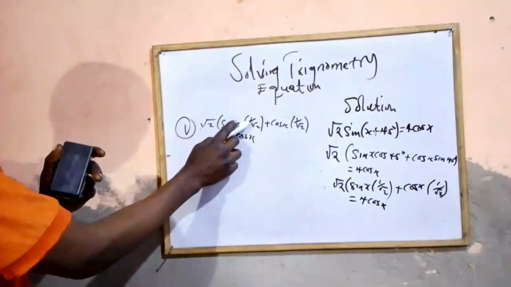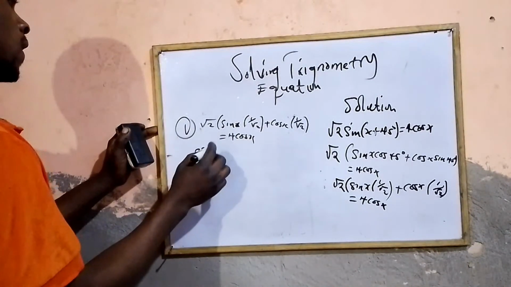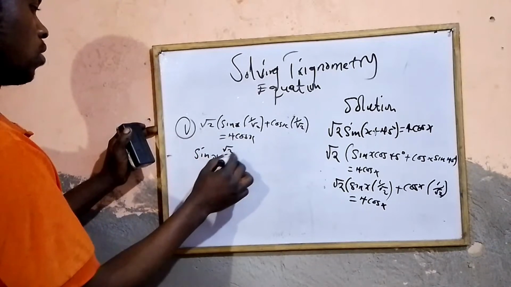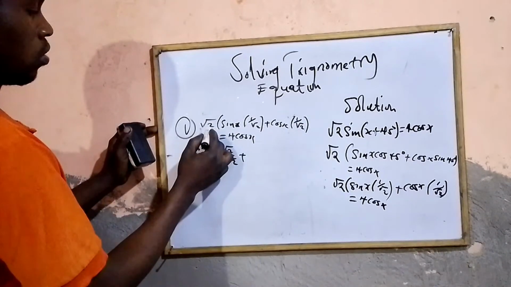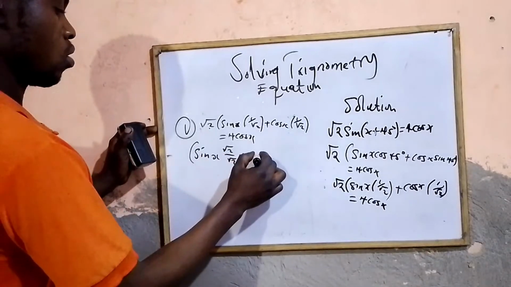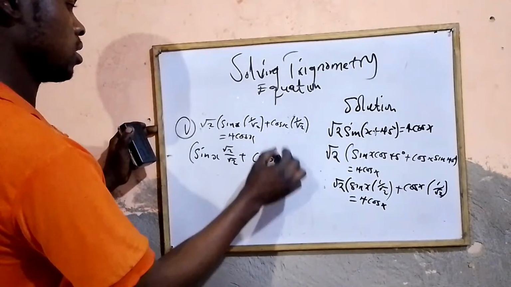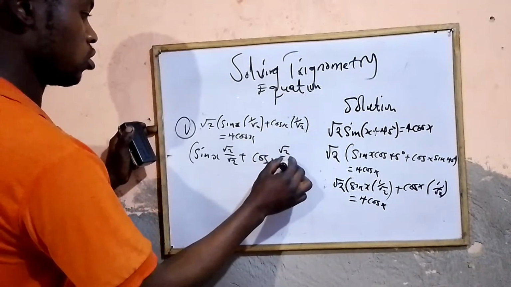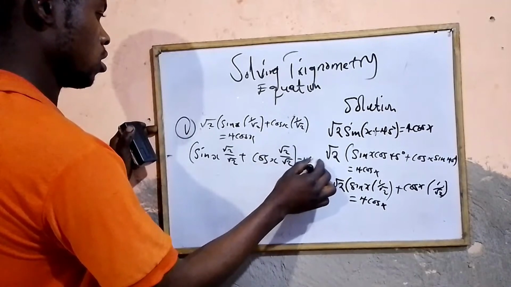Root 2 times 1, you're going to have sine x, then root 2 over root 2. The same applies here: root 2 times 1, you're going to have cos x, and root 2 over root 2, which should equal 4 cos x.